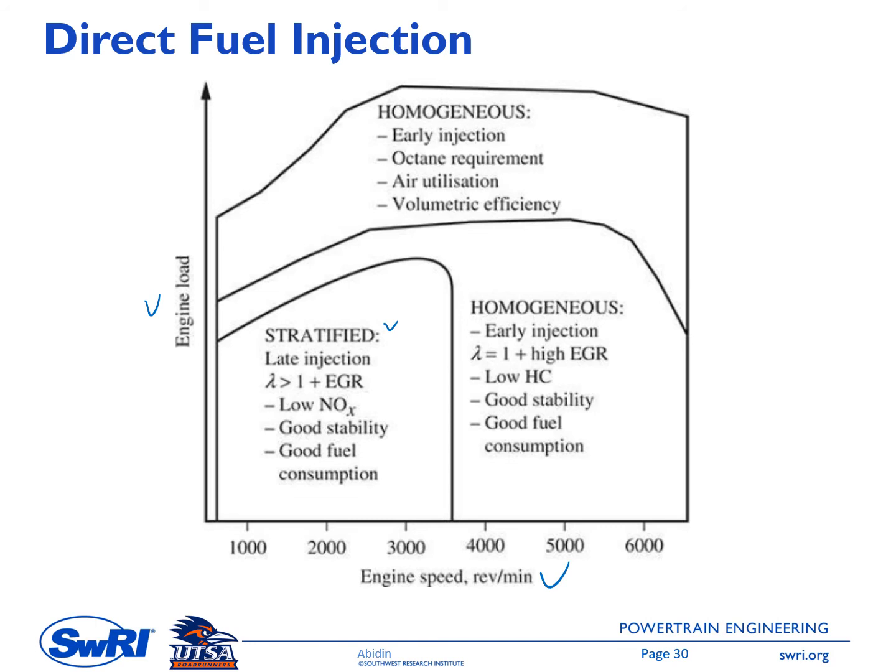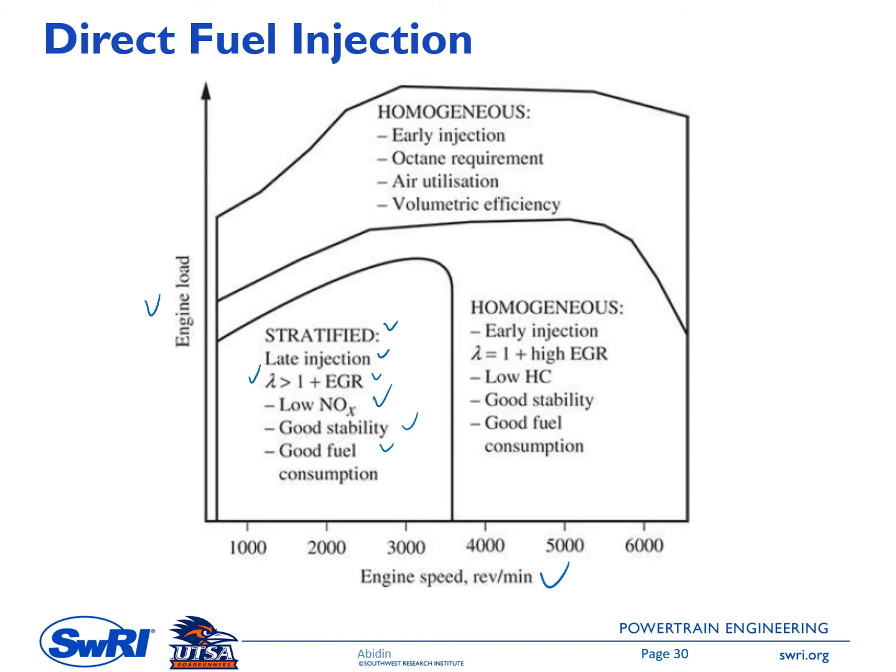In this case, we can have a late injection during the compression stroke, and lambda is above 1. It means we have an overall lean mixture, combined with some EGR. For this part load and low engine speed, usually you want to have low NOx, good engine operation stability, and also good fuel consumption.